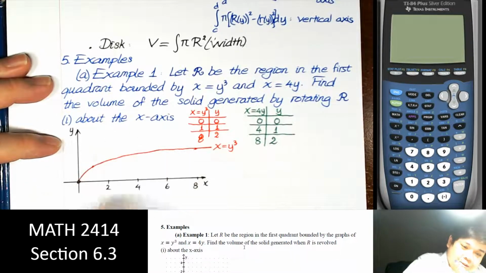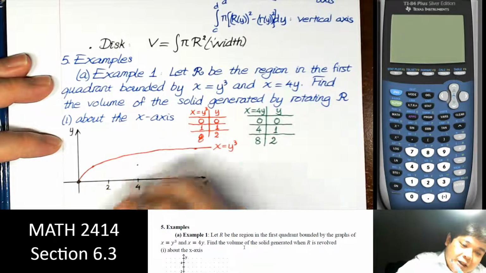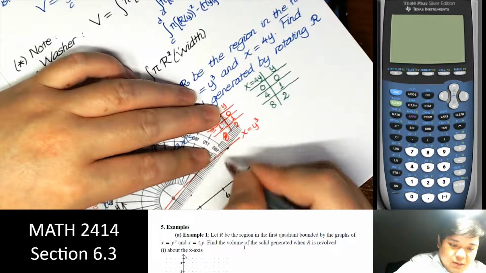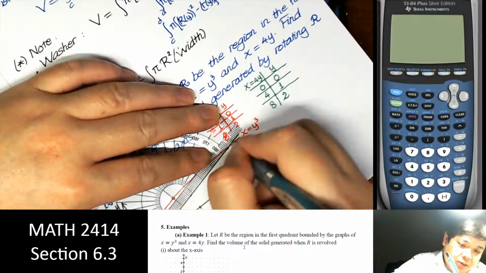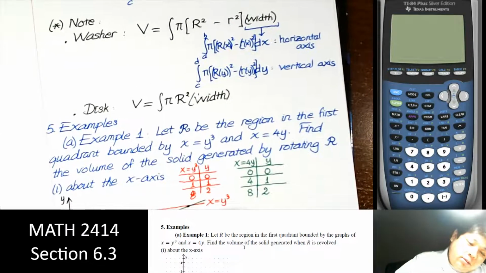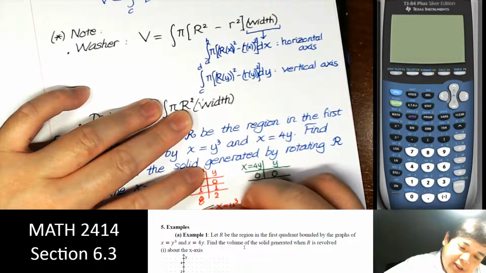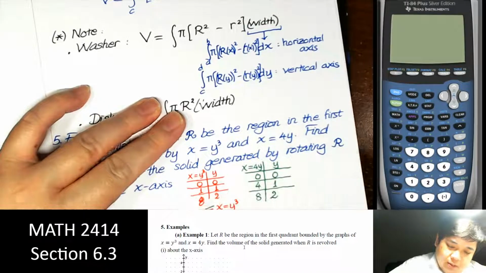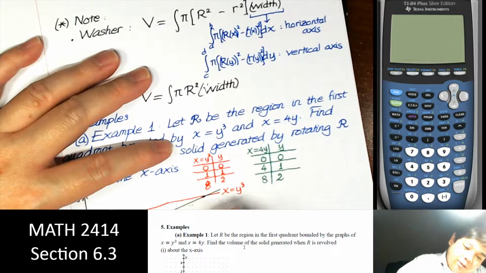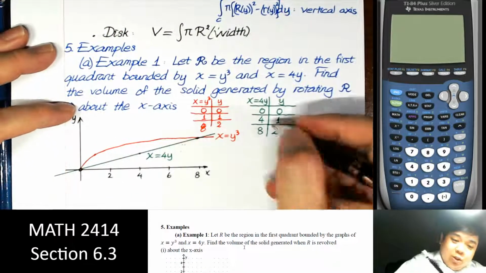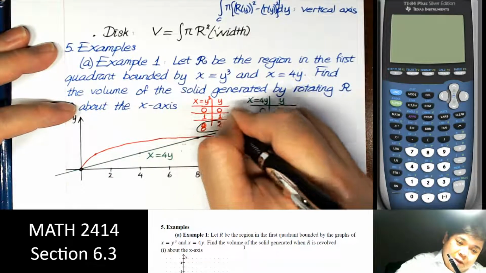So 0, 0, 4 and 1, 8 and 2. So when we graph this, we see the intersection at 8 and 2 and 0 and 0.